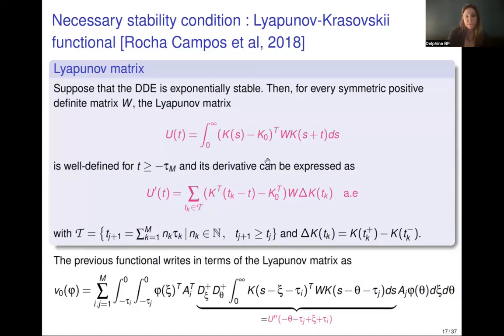So this U defined here can be proven to be almost everywhere differentiable, and that its derivative is expressed here in terms of the fundamental matrix again, where delta K here is the jumps of the fundamental matrix K. And you can so prove that this matrix, which was written in blue before here, is the double derivative of the U. I'm going to come back to this later.